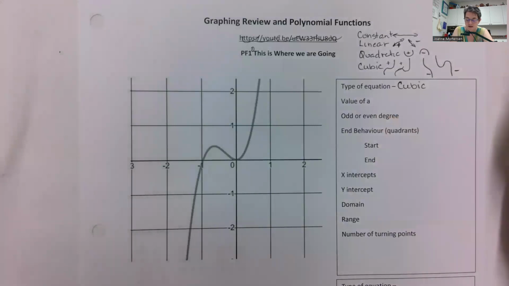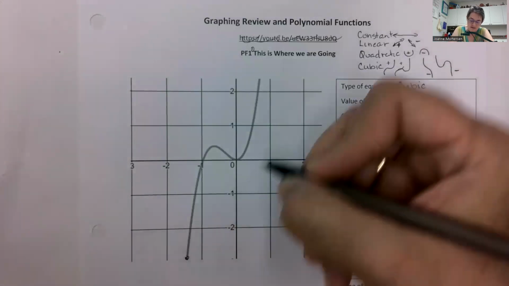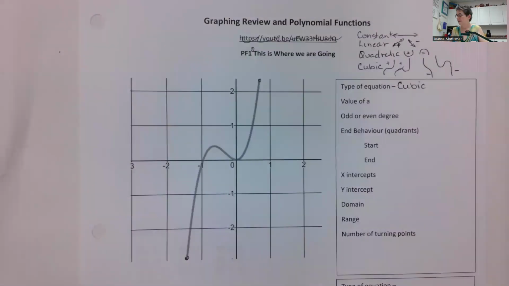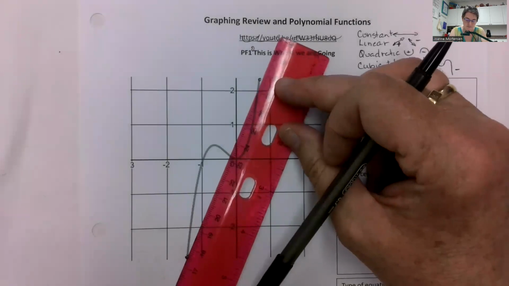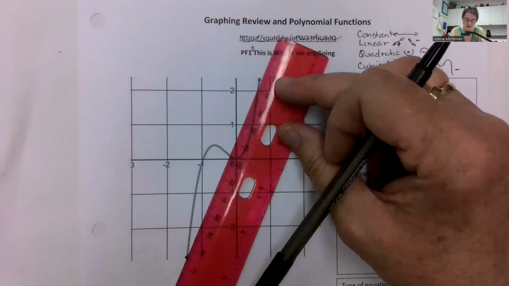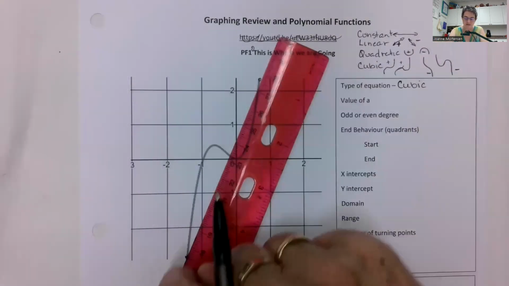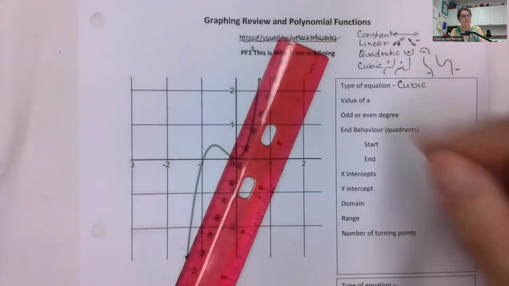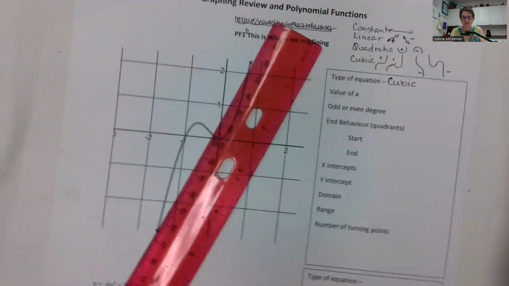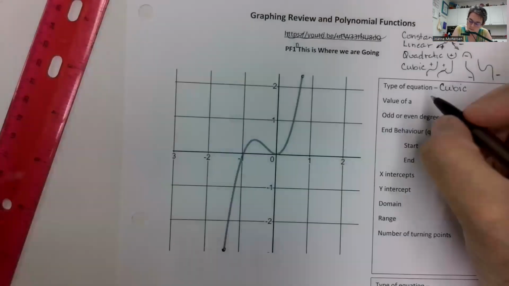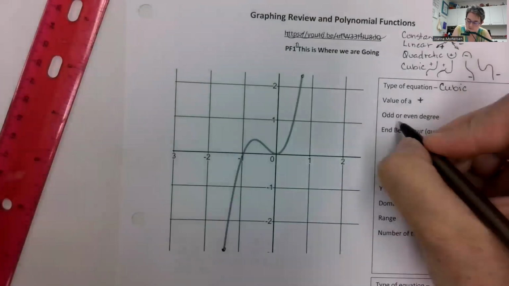Okay, so clearly this is a cubic. Check. The value of A: one of the things you can do when you're analyzing a graph is just take your ruler. You don't have to draw the line, but you can see it's going uphill. So it's odd because it's a cubic, and it's going uphill, so A must be positive.